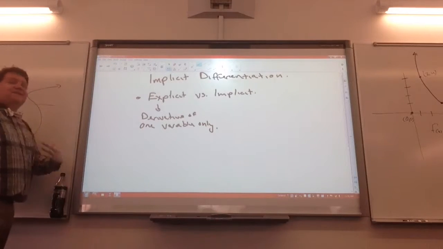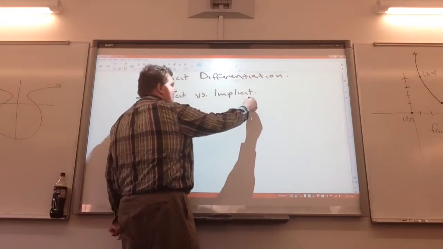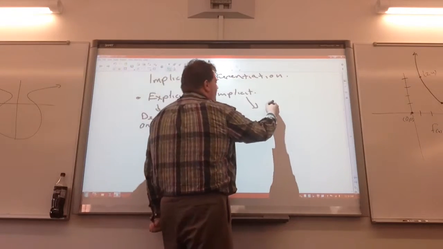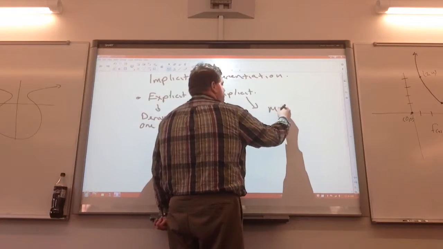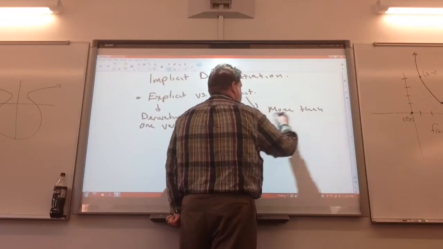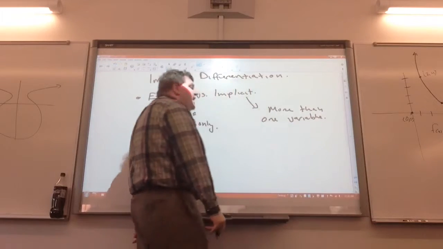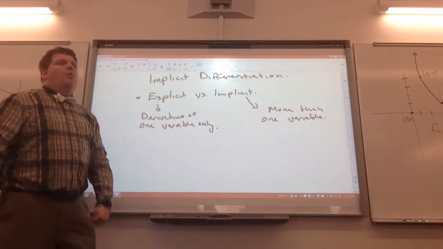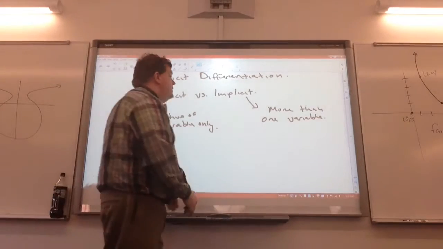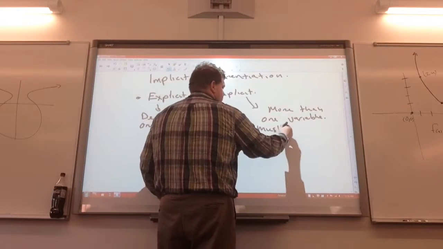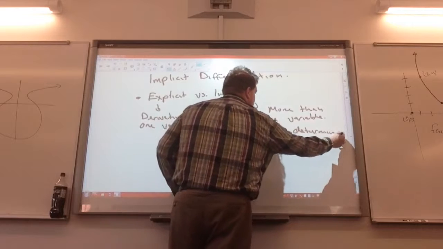With implicit, it's not quite so straightforward. We can do it for more than one variable, and we also have to determine what the dominant variable is, what variable we're taking the derivative with respect to.